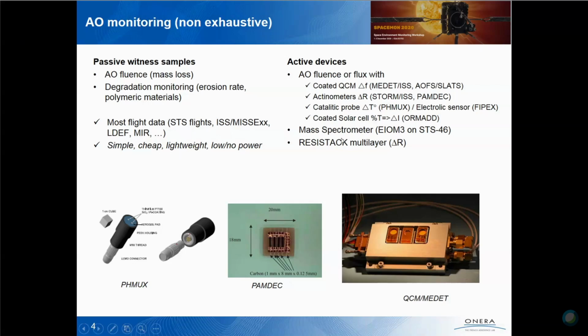You also have mass spectrometers, which are much more complex, of course, but provide multi-species data, which is very important and interesting. So in this context, we propose a multi-layer device we call ResistStack, because it's a resistance measurement, that would lie in the category of simple, cheap, lightweight, and low or no power consumption devices.